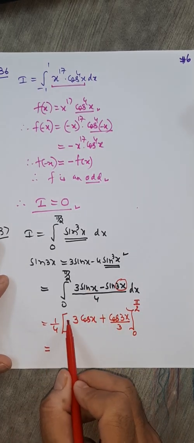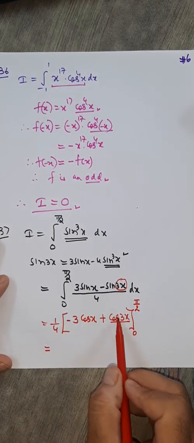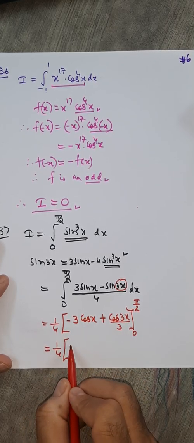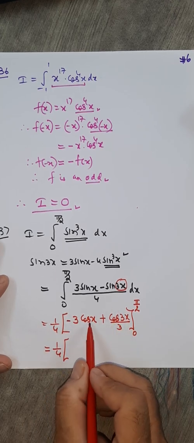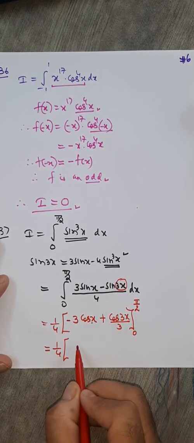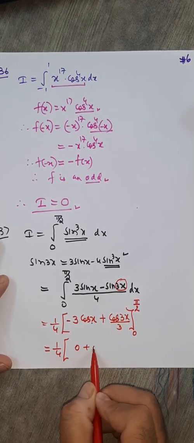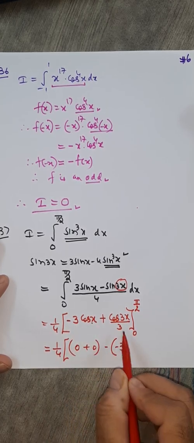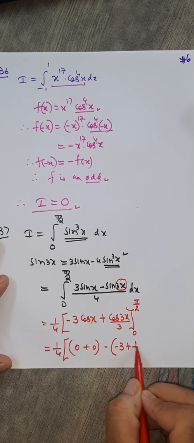Integral of sine is minus cos. This is nothing but cosine 3x by 3, times 1 by 4. Now put the upper limit. Cos pi by 2 is 0, cos 3 pi by 2 is also 0, so 0 plus 0, minus, put 0 here, minus 3, put 0 here, so 1 by 3.